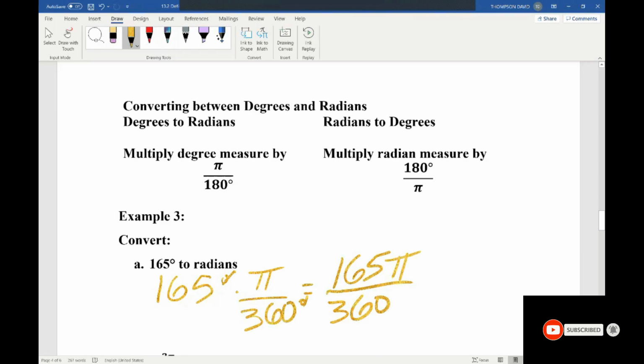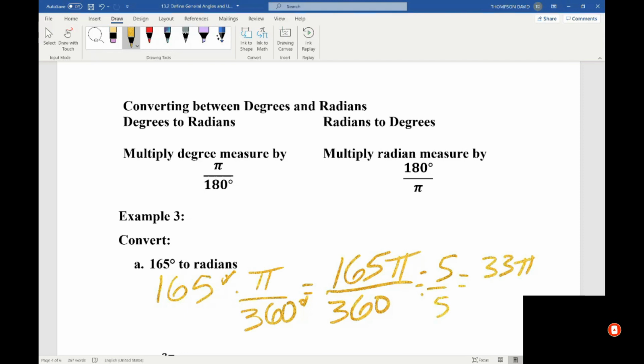So if we do 165, let's try dividing top and bottom by 5. If we divide top and bottom by 5, we're left with 33 pi, because 165 divided by 5 is 33, and 180 divided by 5 is 36.